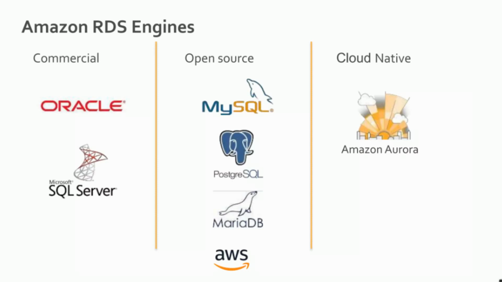Now some of the Amazon RDS engines, there are three types: commercial, open source, and cloud native. Commercial provides Oracle and Microsoft SQL. Open source, we have MySQL, PostgreSQL, MariaDB. And cloud native, Amazon Aurora, it's an Amazon product which is compatible with MySQL and PostgreSQL.